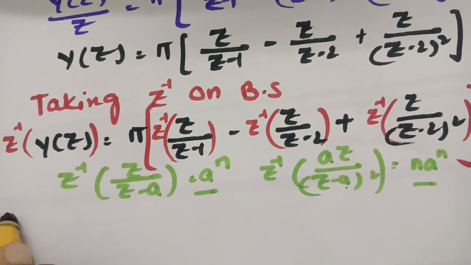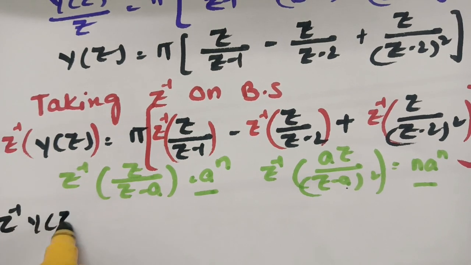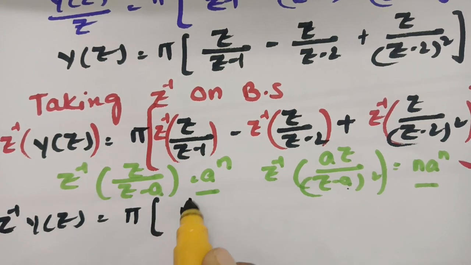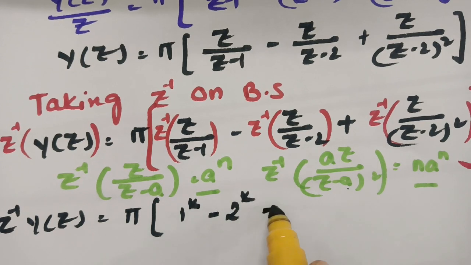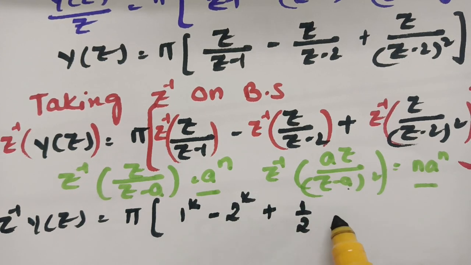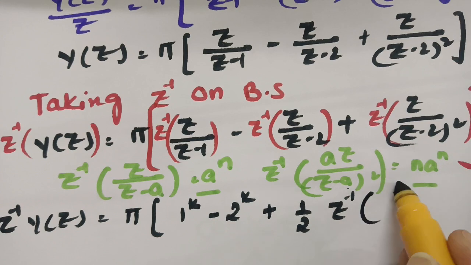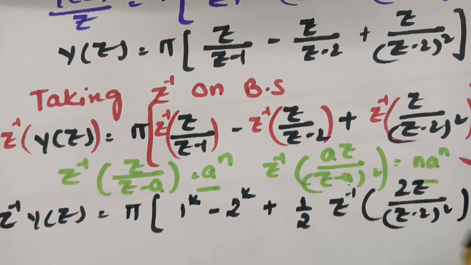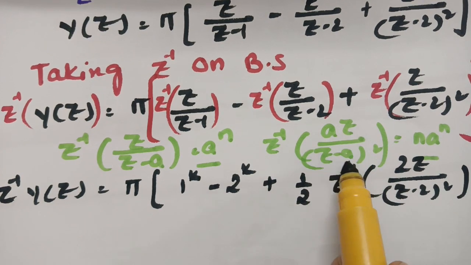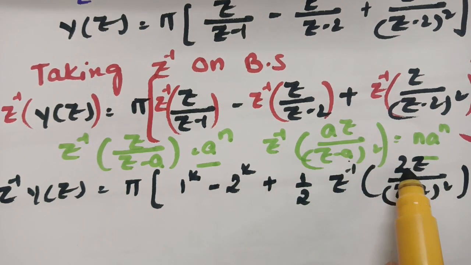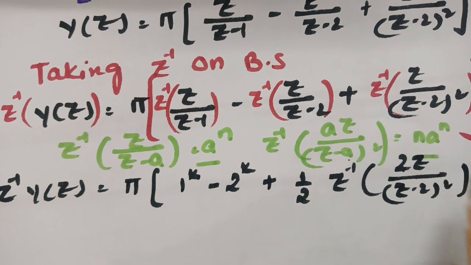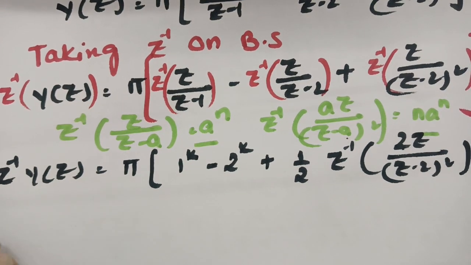Therefore z inverse of y of z is equal to pi times of, this can be written as 1 power k, and this can be written as 2 power k, and here I am multiplying and dividing with 2. Z inverse of this is 2z by z minus 2 whole square. If I compare with az by z minus a whole square, in place of a we have 2. Therefore in place of n I am taking k, as given in the question.